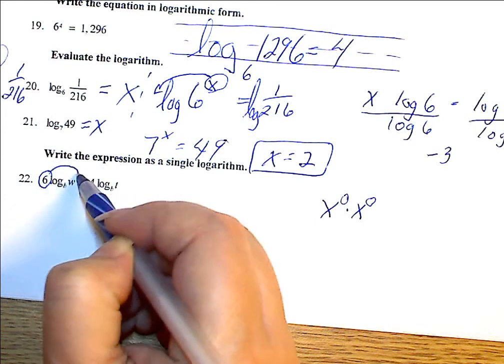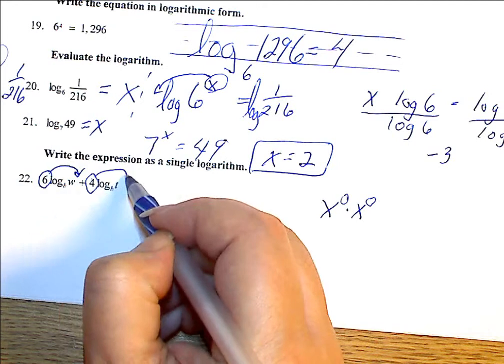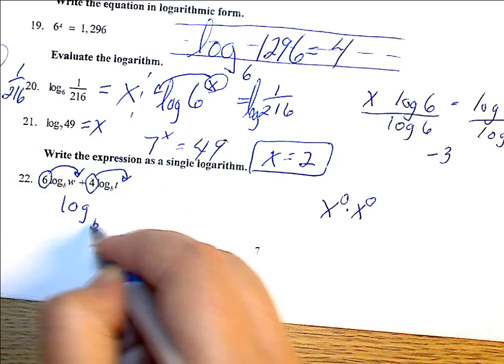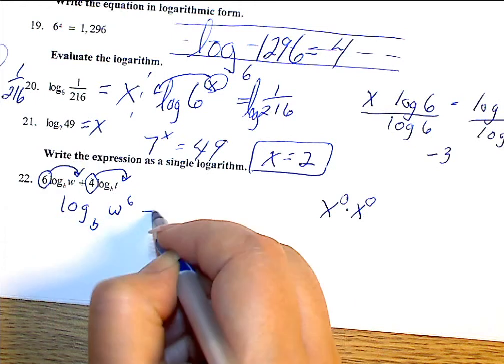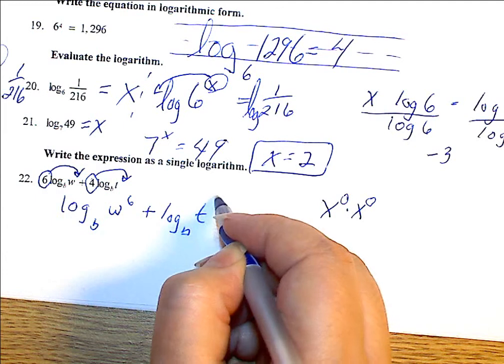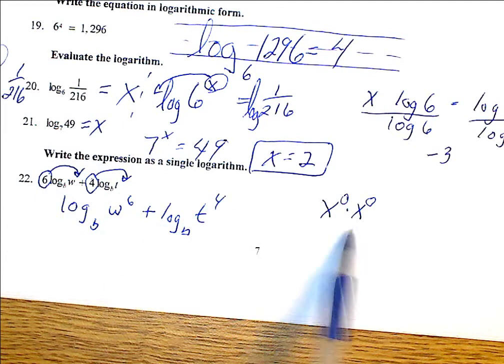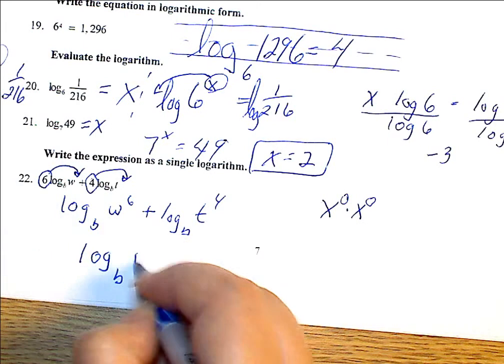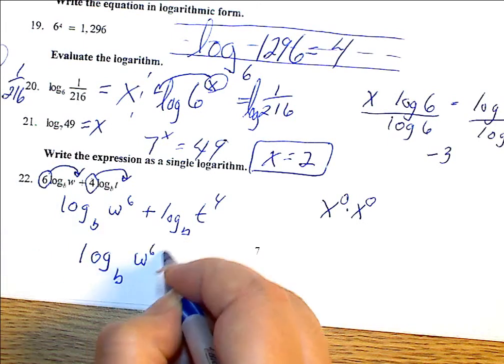So I have log base b of w to the 6 plus log base b of t to the 4th. The last thing I have to do is just multiply my bases. So I have log base b of w to the 6 times t to the 4th.